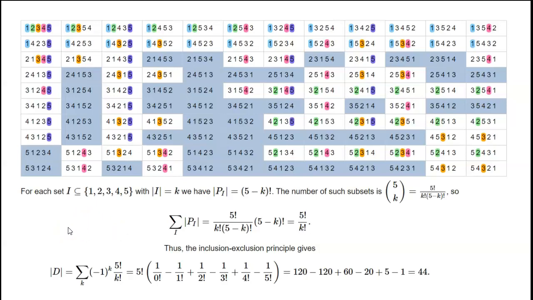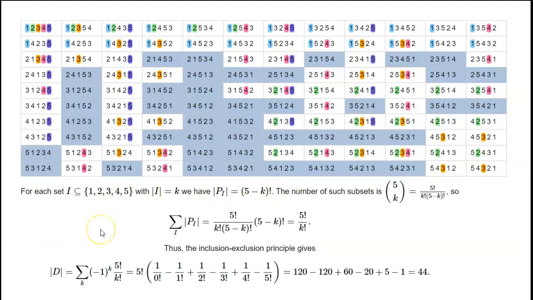So if I has size k, there's 5 minus k numbers outside I, and then for a permutation in P_I, we can permute those 5 minus k things in any way that we want. So there's (5 minus k) factorial ways to do that. So the size of the set P_I is (5 minus k) factorial.